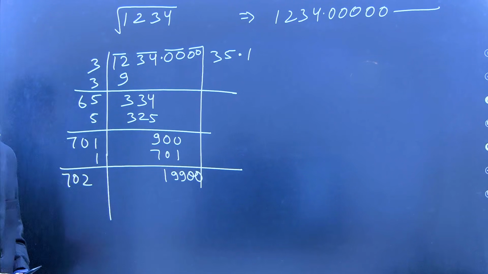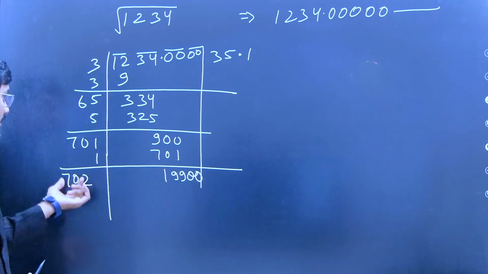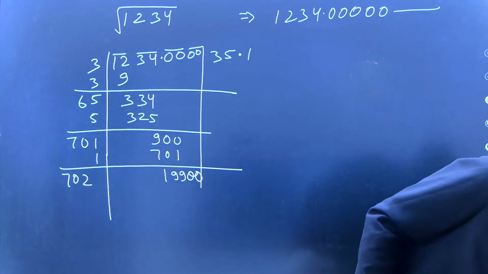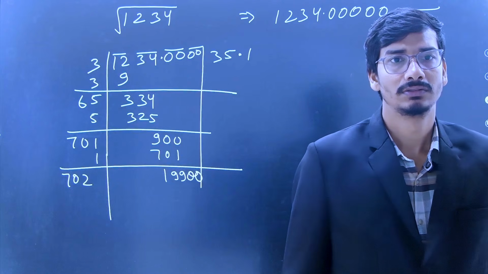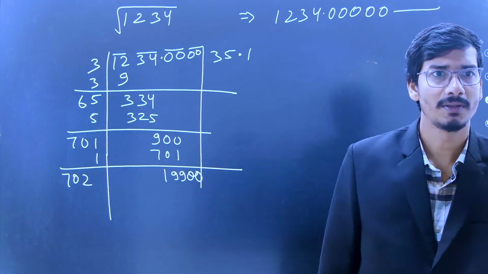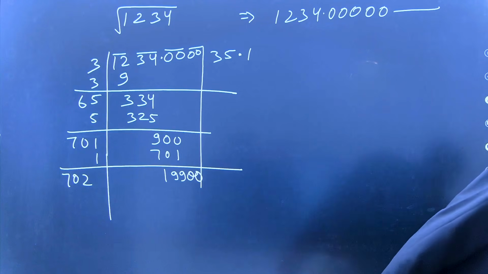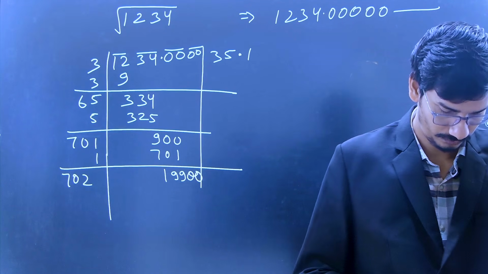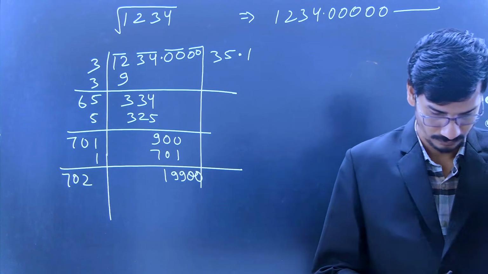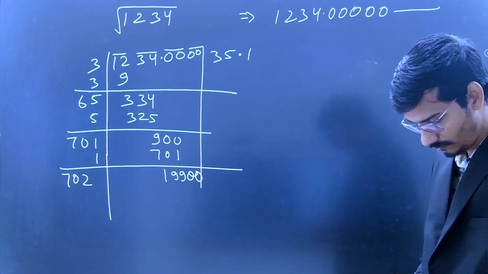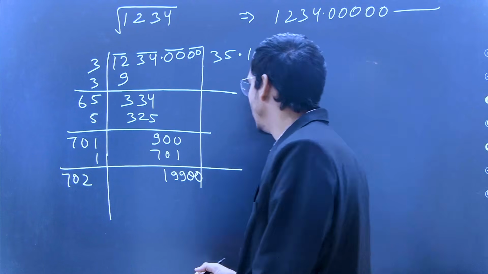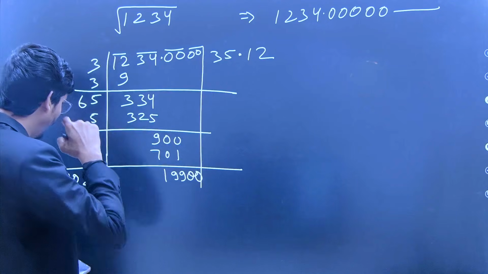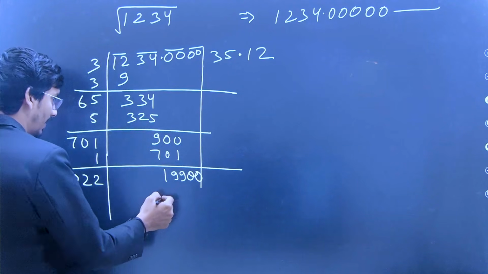By what number will we multiply so that this number is less than this number? 3 times, 5 times, 2 times. So we'll multiply by 2. So 2 here, 2 here. 7022 into 2.